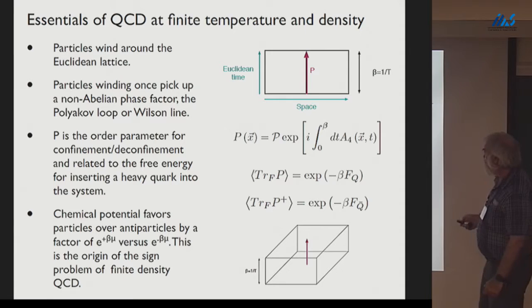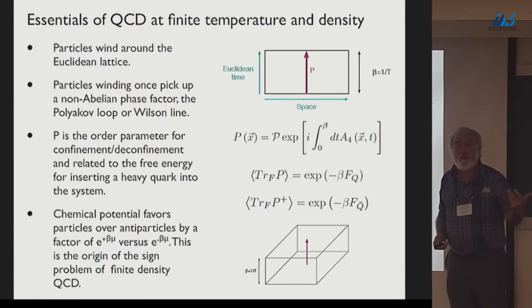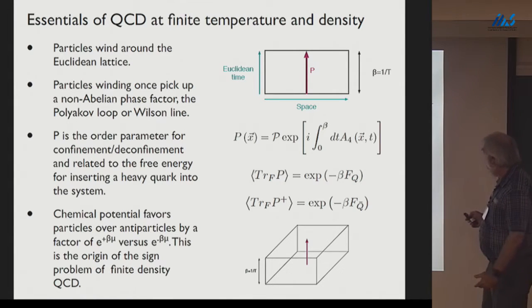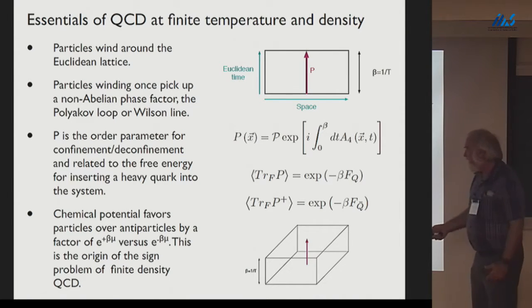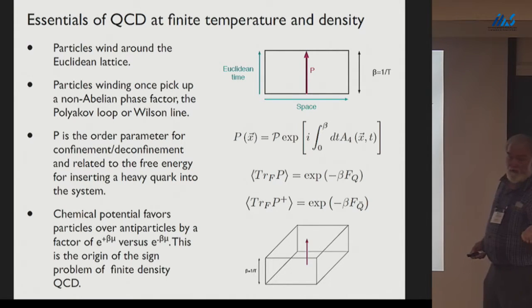Okay, and this is the trace of P dagger, which is associated with heavy antiquarks. At zero chemical potential, of course, these are the same. But once you start including the effects of a non-zero chemical potential, these should not be the same, because we're not treating quarks and antiquarks in exactly the same way. In fact, what a chemical potential does, and this is very similar to some of the issues that Naomichi talked about earlier today, is favor particles over antiparticles by a factor of e to the plus beta mu for particles versus e to the minus beta mu for antiparticles.